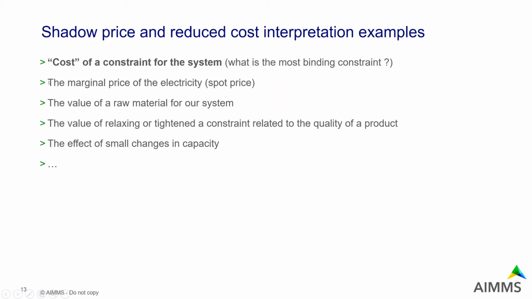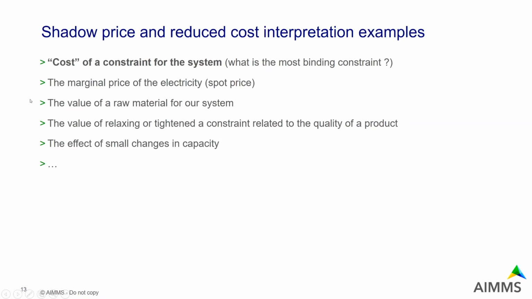It could be interpreted as the marginal price of electricity as well. The shadow price associated with the balancing constraint on the electricity market gives you the price of electricity, at least on a real-time basis. This is what we call the spot price in electricity. It could also represent the value of a raw material for our system.